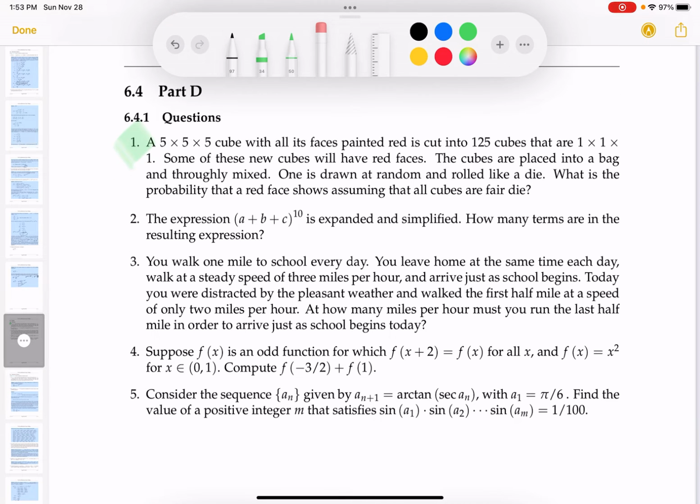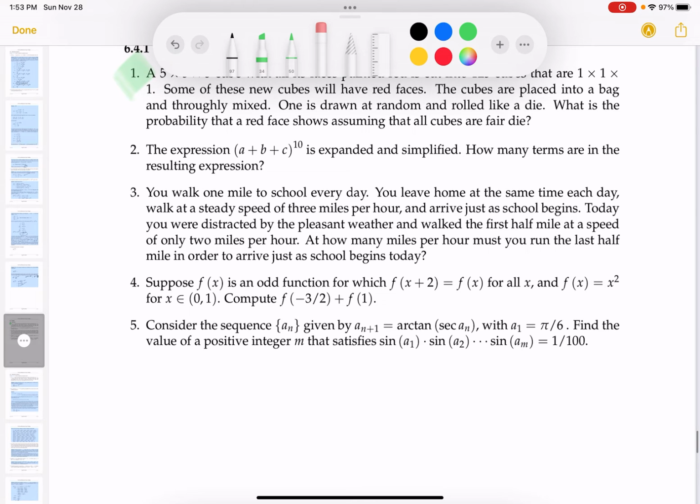All right, let me take a look at this one up here. You walk 1 mile to school every day. I kind of understand that. I walk to school, and the school is 1 mile away. I'm doing number 3 now. You leave home at the same time every day. Walk at a steady rate of 3 miles per hour.